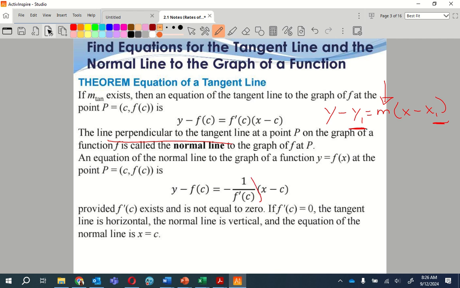That's why it turns into this. Opposite and then reciprocal of my slope. Remember that f prime is the slope. Does that make sense, or is that nonsense? Kinda? So I'm just trying to front load a lot of the stuff that you're going to be using.